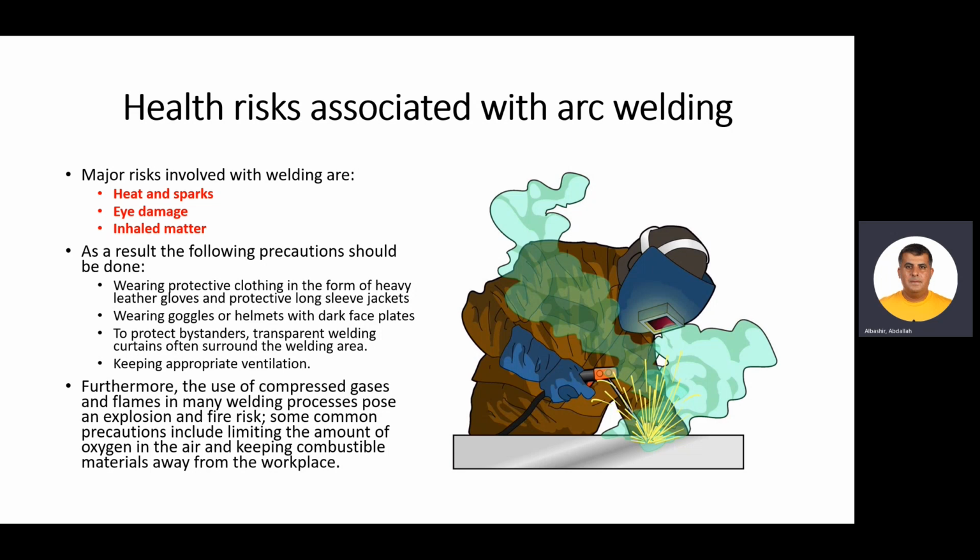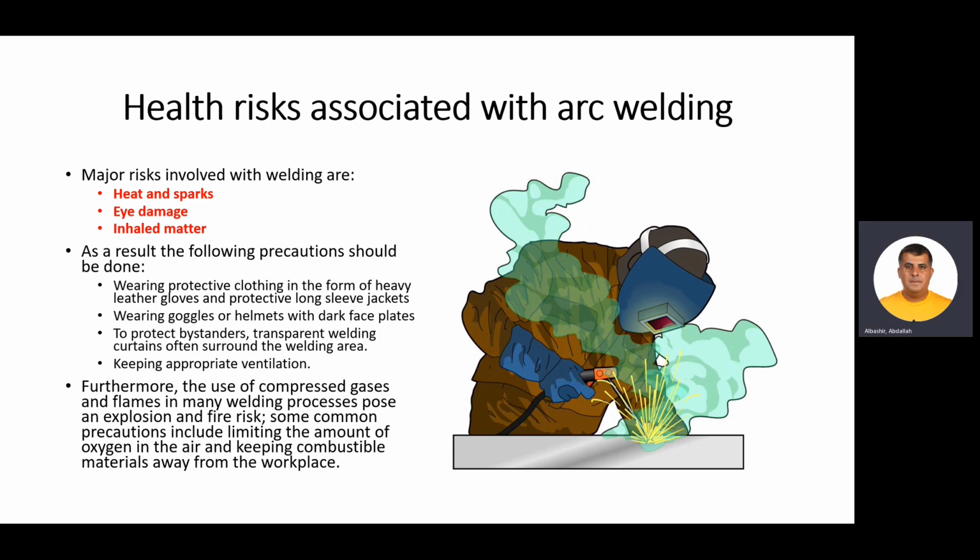Now, welding is the most hazardous of the processes that we will do, which does not mean that in other workshops there are no hazards or health risks, but welding is the most hazardous of them.